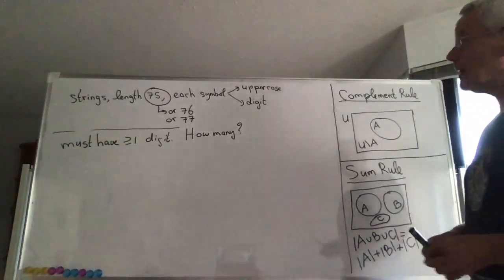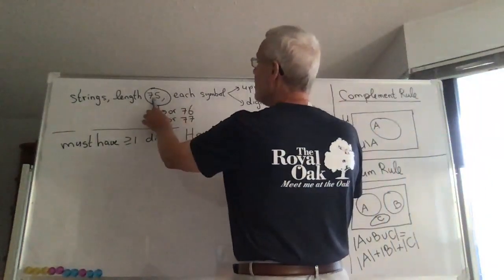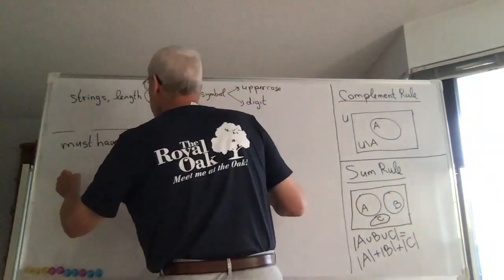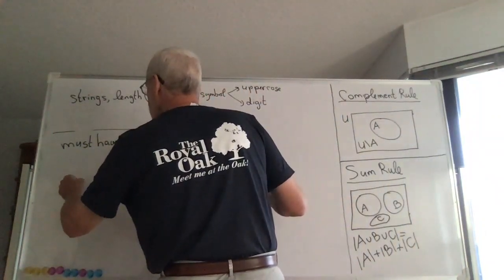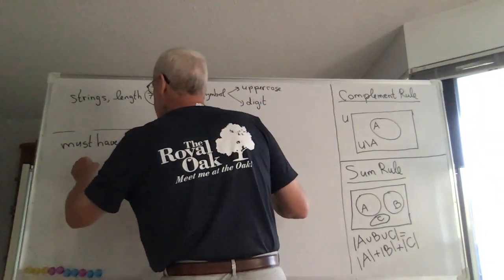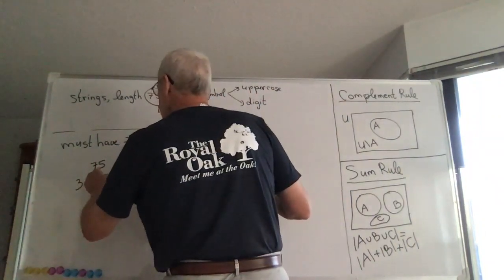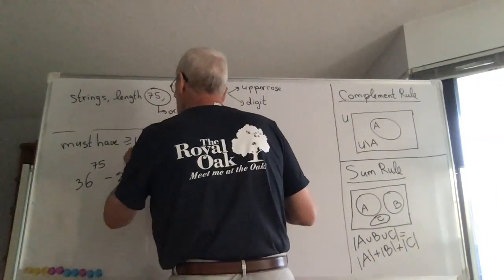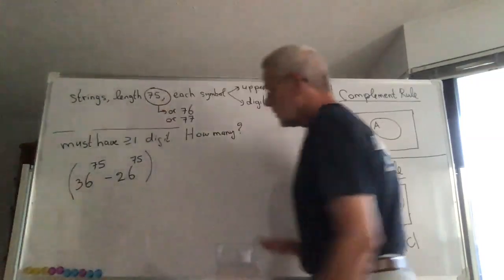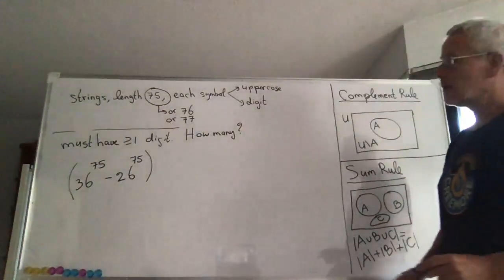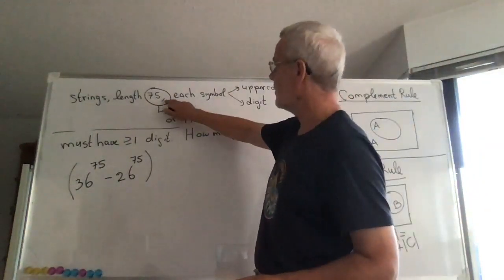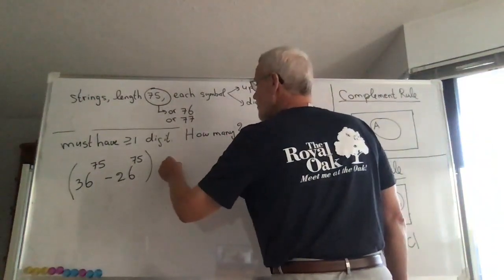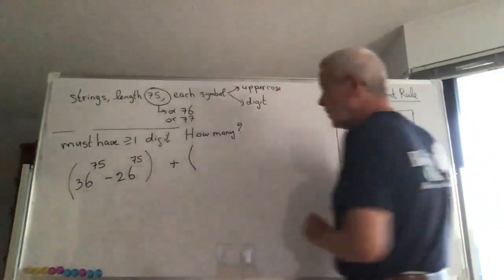Okay, so the set A, these were all these strings having length 75. We just saw that. This is equal to 36 to the power 75, and then we subtract 26 to the power 75. So this is the size of A. These are all strings of length 75 that have at least one digit. And how many such strings have length 76?